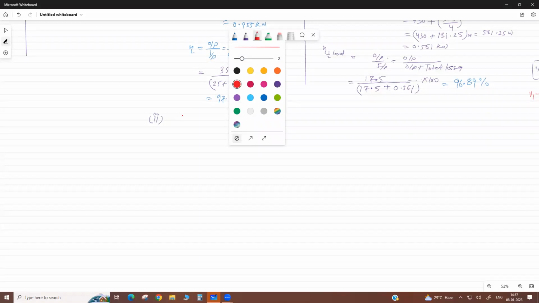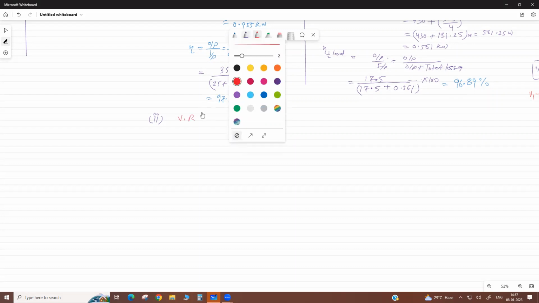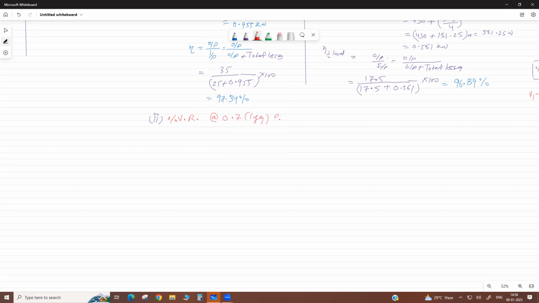So see, they ask for percentage voltage regulation at 0.7 lagging power factor, and percentage voltage regulation at 0.7 leading power factor.